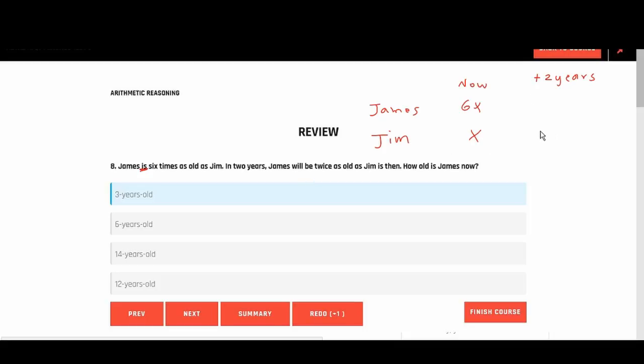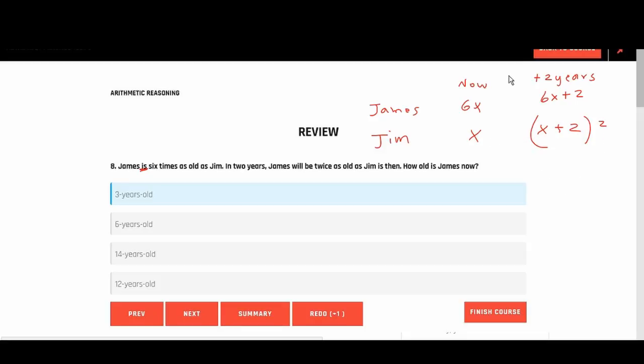Okay? So if we add 2 years to both of their ages, it's x plus 2, 6x plus 2. But we're told that James is going to be twice as old as Jim. And again, Jim's right here, so we would have to multiply this by 2.